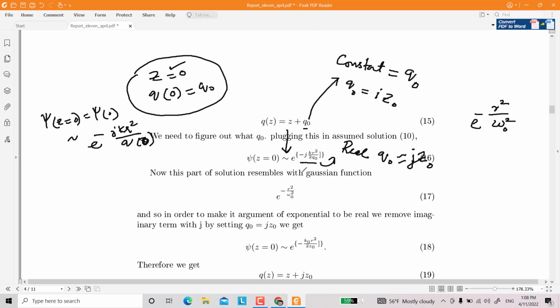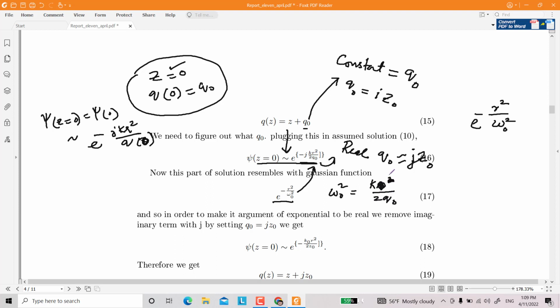So if we compare this part of the spatial envelope profile at z equal to 0 with the Gaussian exponential, we realize that we can find the width of the Gaussian function, omega naught, in terms of these different parameters over here. So omega naught square turns out to be k r square over 2 q naught.